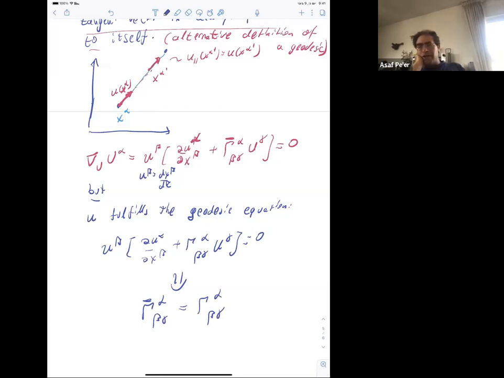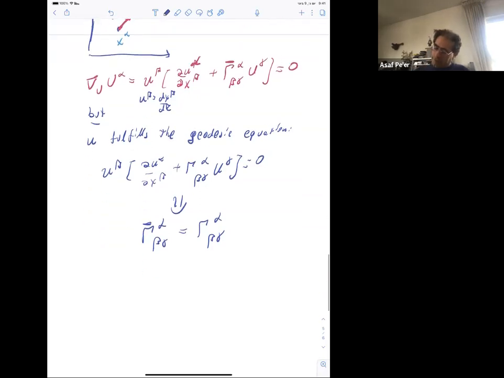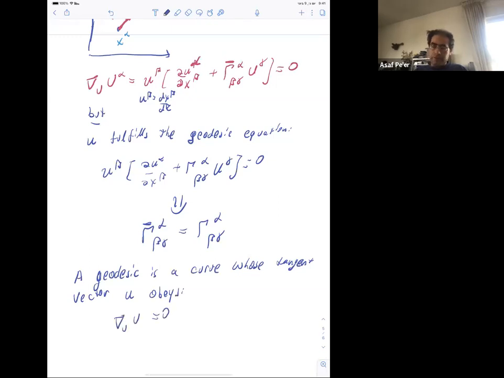So in fact, this is a much more elegant way of defining the geodesic equation, or what is a geodesic. I can say that a geodesic is a curve whose tangent vector u obeys what is written here. So a geodesic is a curve whose tangent vector u obeys the covariant derivative of u along u equal to 0.